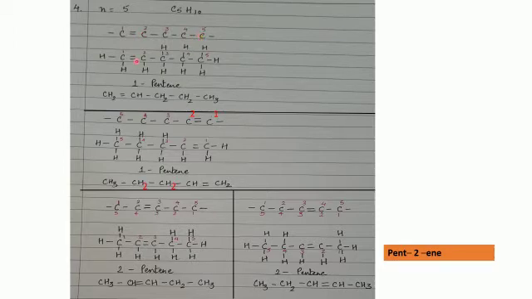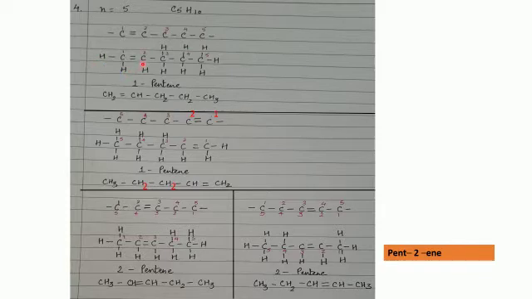Next step is to distribute the hydrogen atoms. Since the double bond we have shown is between carbon atoms 1 and 2, this carbon has already formed a double bond, so 4 electrons it is already having. It needs another 4 to establish octet. So it will form one single bond here with hydrogen, another single bond with this hydrogen.